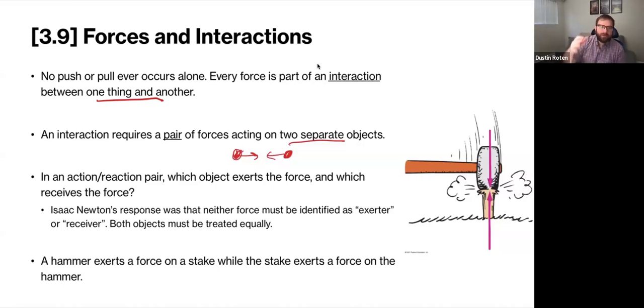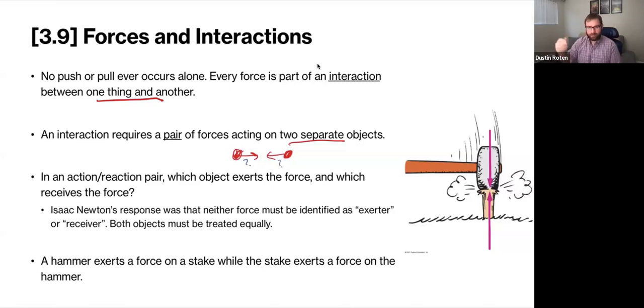In an action-reaction pair, the question might arise: if we're going to define one of these as an action and one as a reaction, which one is the action and which one is the reaction? Well, Isaac Newton would say that it doesn't matter which one is doing the exerting and which one is receiving the other force.